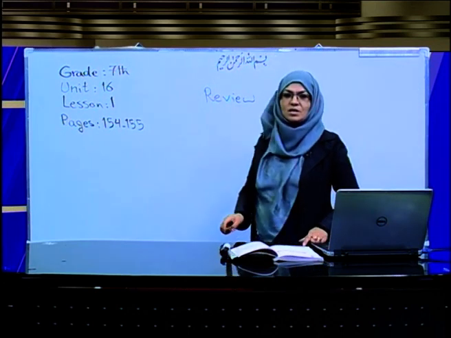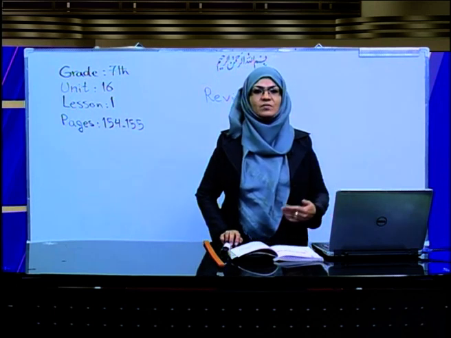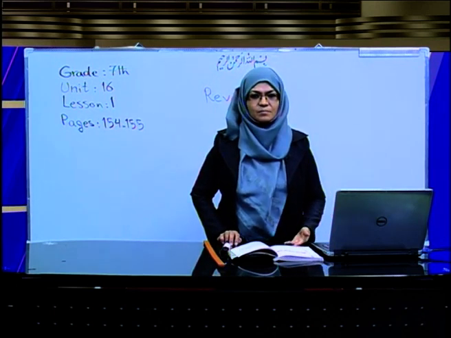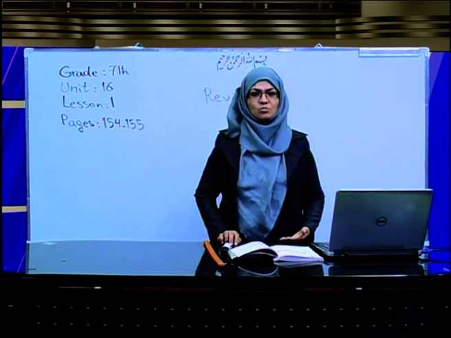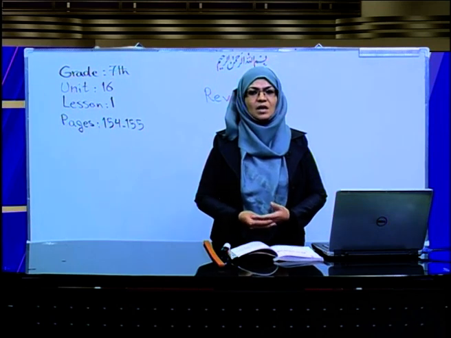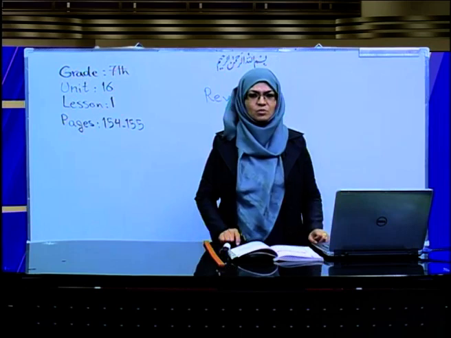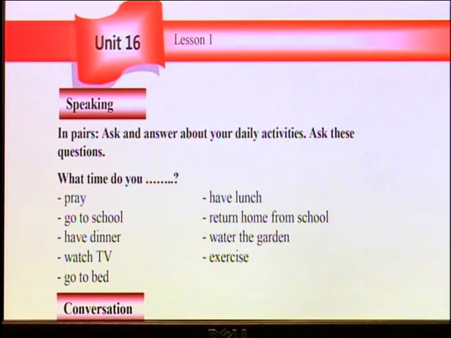If you remember, in review units we review the points that we have studied in the previous units. It will help you to practice more with the words, the grammar points and the vocabulary that you have learned in the previous lessons. Now open your books and see the first lesson, okay?